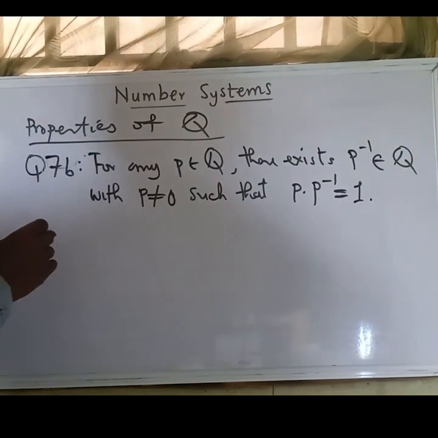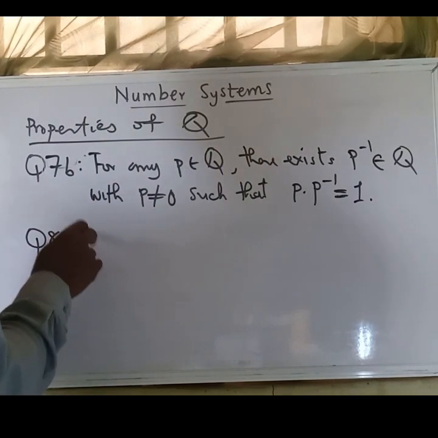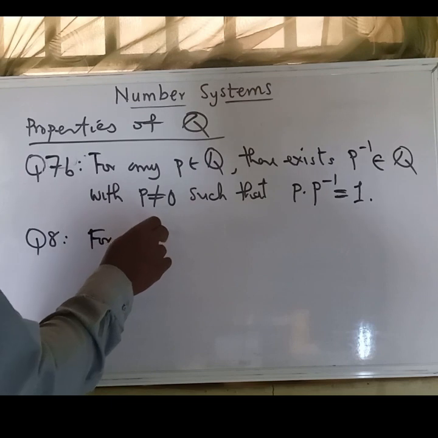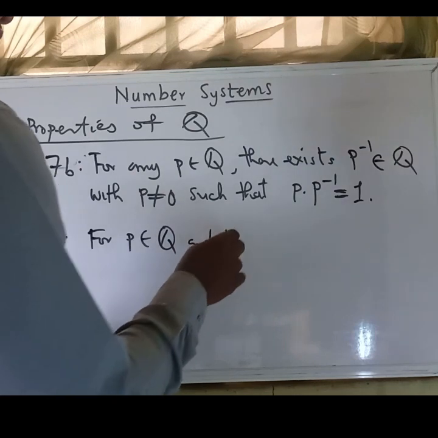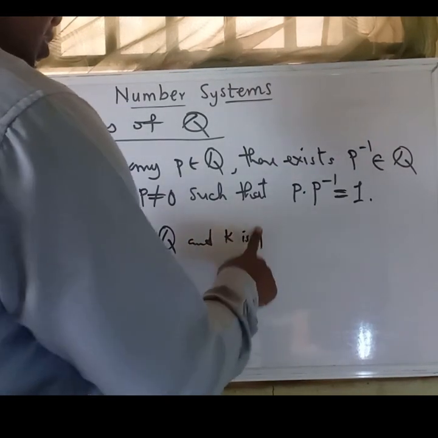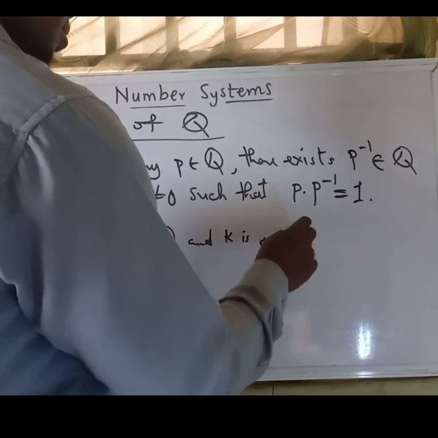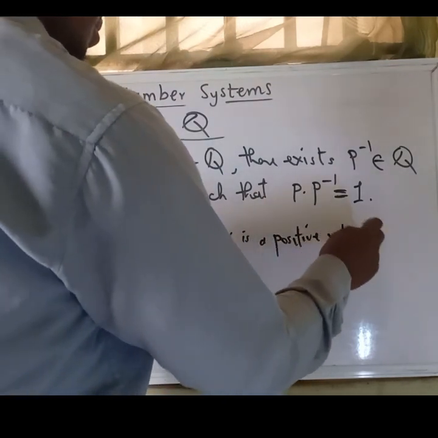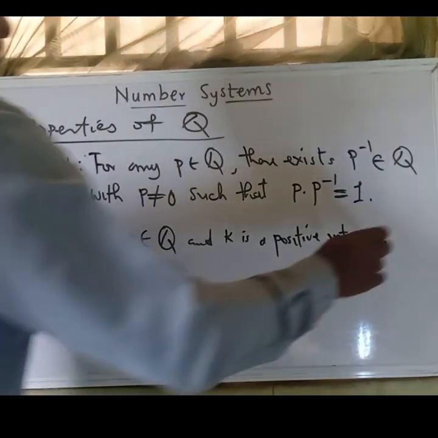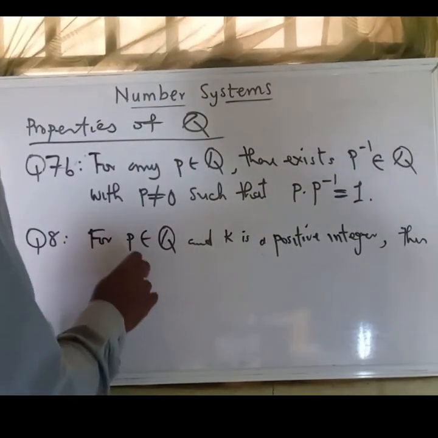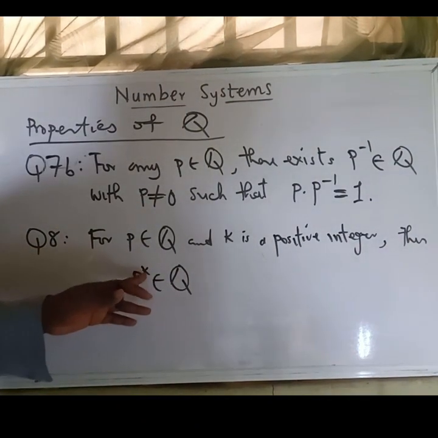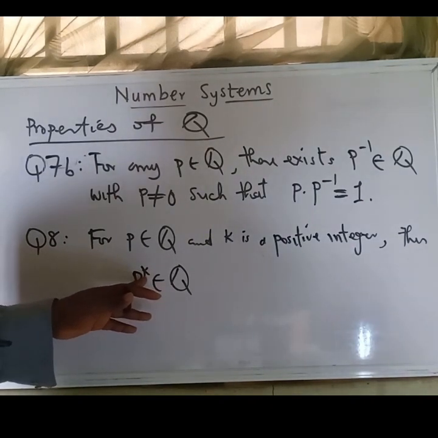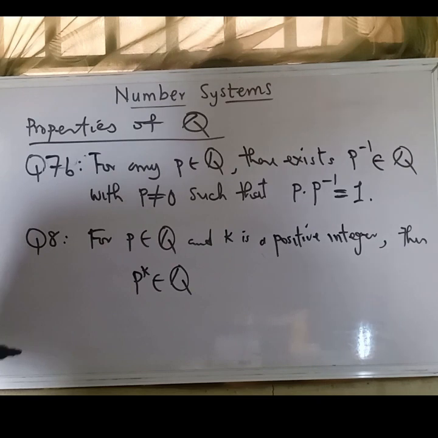Let's do this quickly. So for P and Q, and K is a positive integer, then P raised to power K is also a rational number, where this power is a positive integer.